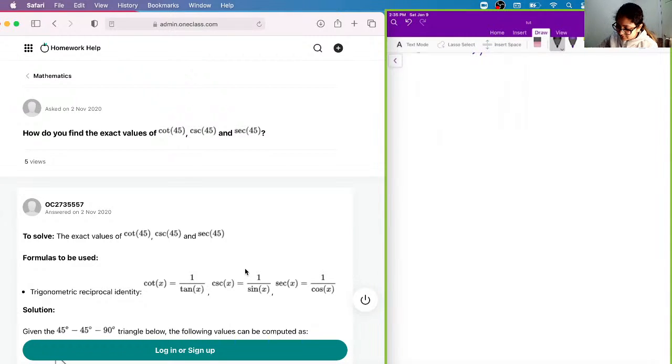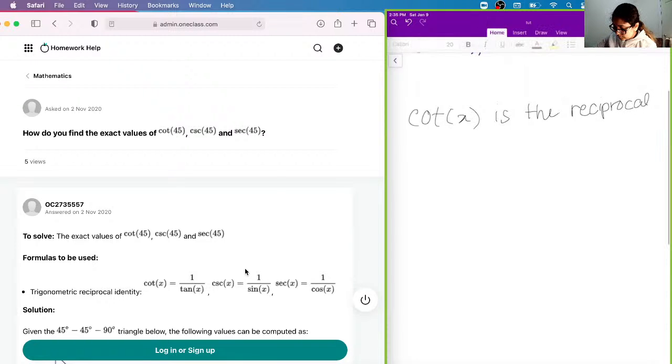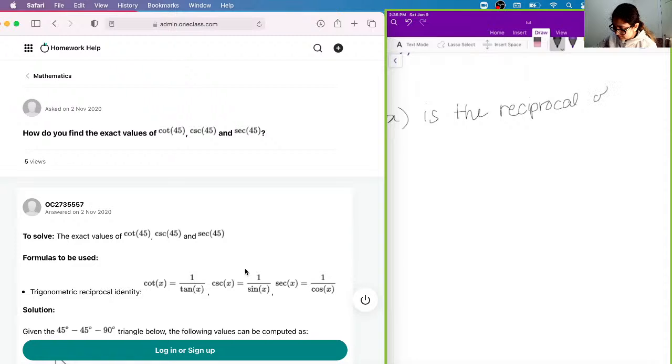If you guys recall, cotangent of x is the reciprocal of tangent x.